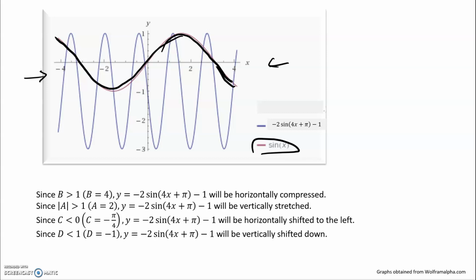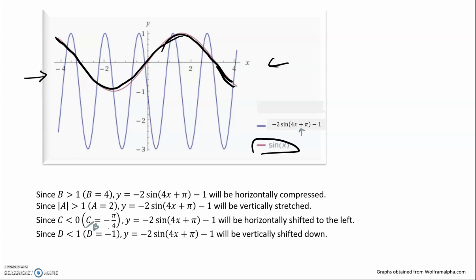C is, let's see, negative pi over 4, which actually this is C over B. This right here that should be over B. That's our phase shift, because they take the pi and change the sign since it's positive right here to negative and then divide by 4. So that's C over B, or our phase shift.